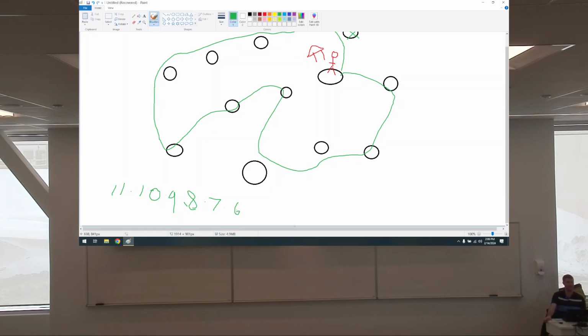What do we call that thing? Factorial. When you multiply every number by its predecessor. So this is a factorial situation.